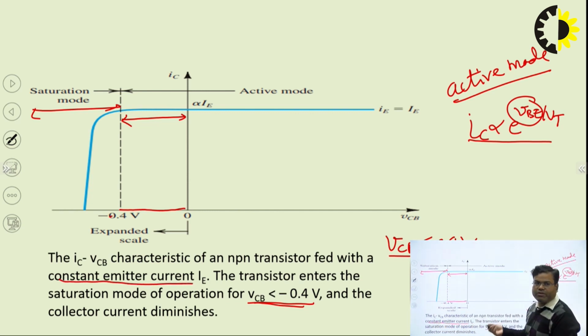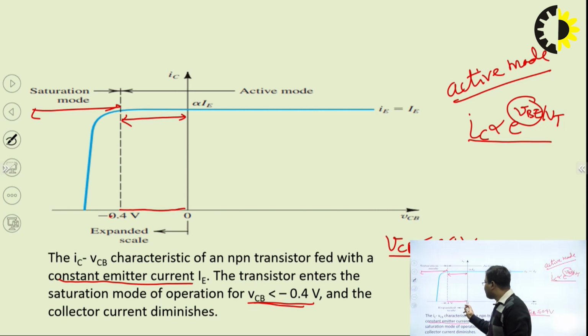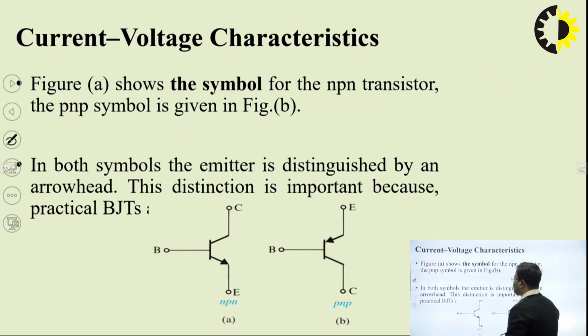If emitter current is constant, meaning VBE is constant, and we vary the collector to base voltage to less than 0 volt, then the BJT enters saturation mode and we get a curve like this, meaning the collector current decreases with increase in negative VCB. For active mode of operation, the collector current doesn't depend upon VCB.